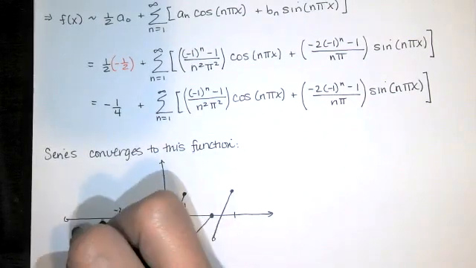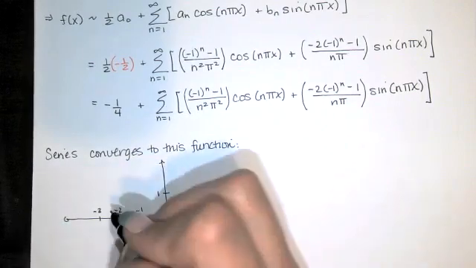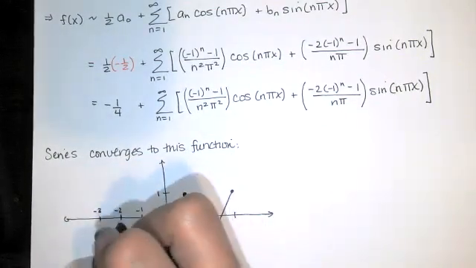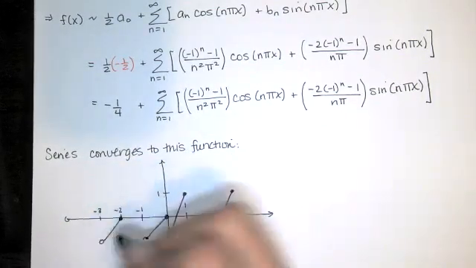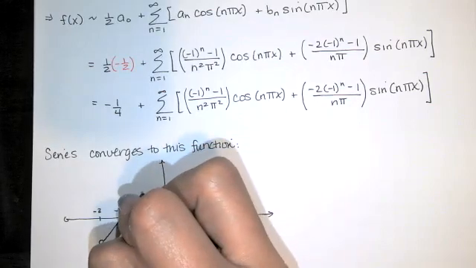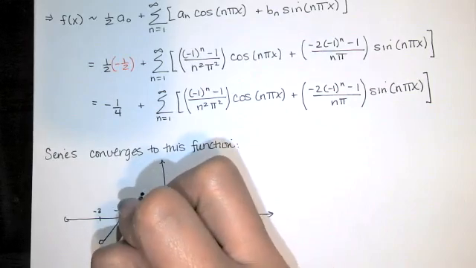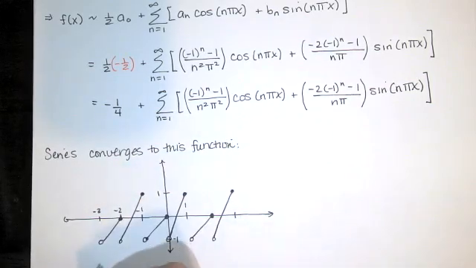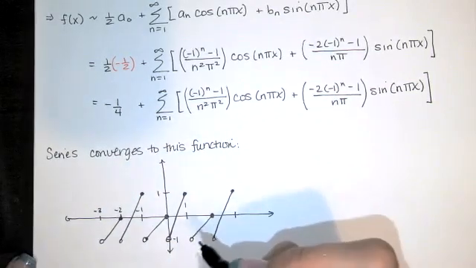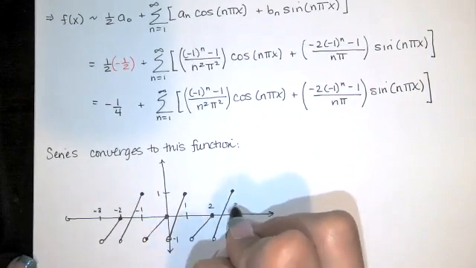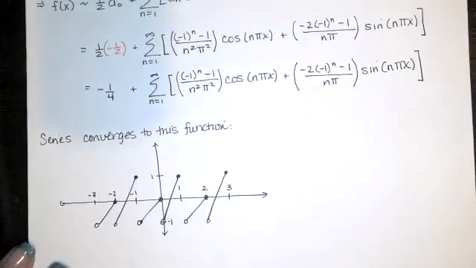Something wrong with these, so I'll have to fix that in just a moment. So in black, we have the periodic extension of the function on the interval from -3 to 3.